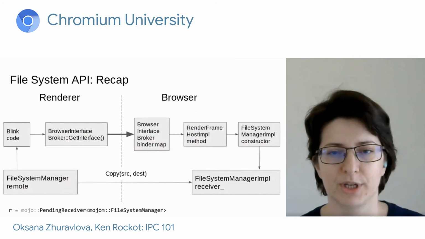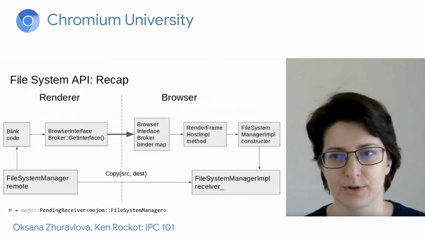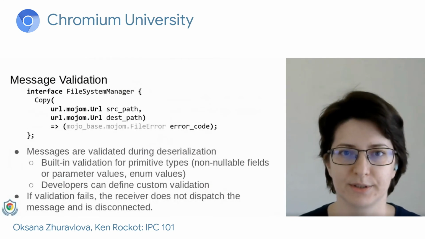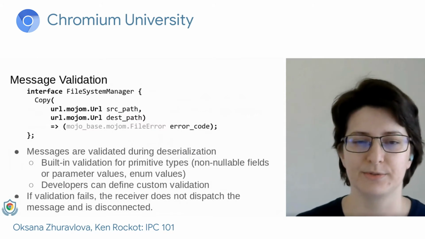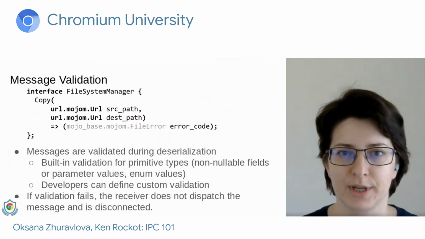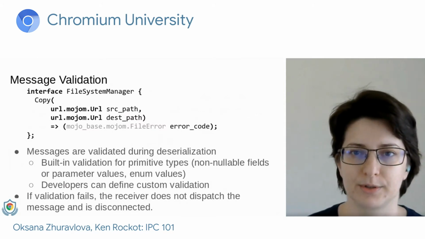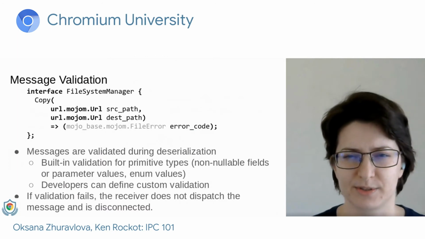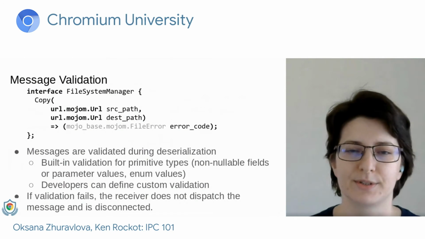And this way of communication can give us a lot of power. So how do we make sure it's secure? Let's take another look at our copy method, specifically at its input parameters. We could have used strings for the source and destination paths, but then the renderer could potentially pass some data that would trigger vulnerabilities in the browser.